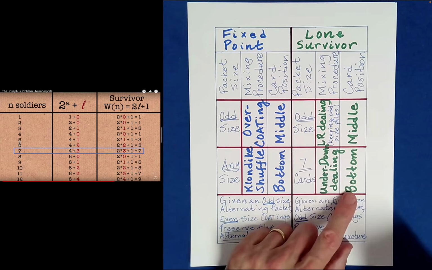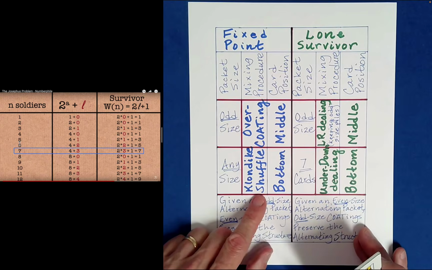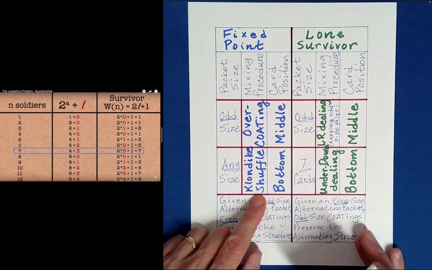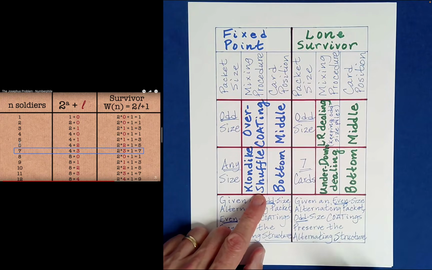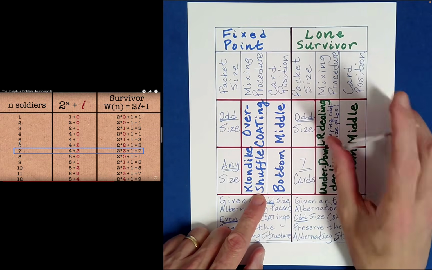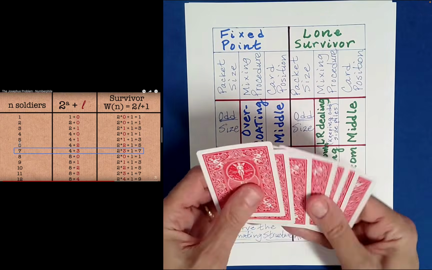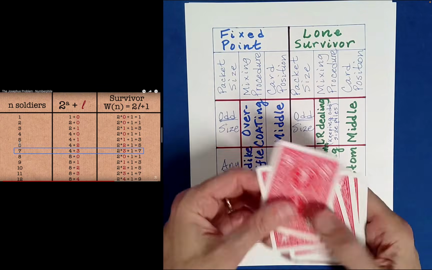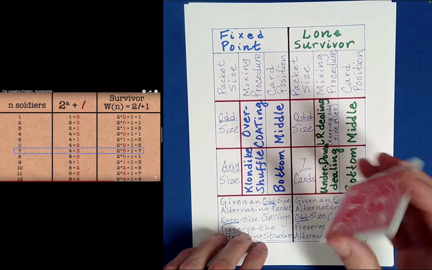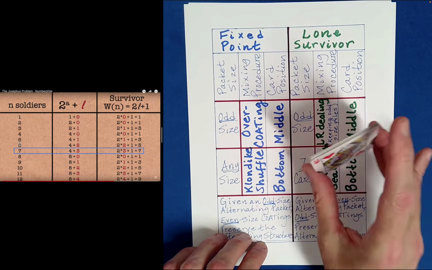And once again, it goes back to what I said about the Klondike Shuffle. It holds fixed the bottom card. Well, it's not too hard to glance the bottom card of a packet of 7. You just have the spectator give you a bunch of cards, maybe you gather them up, and it's not unusual to straighten up the cards like that.